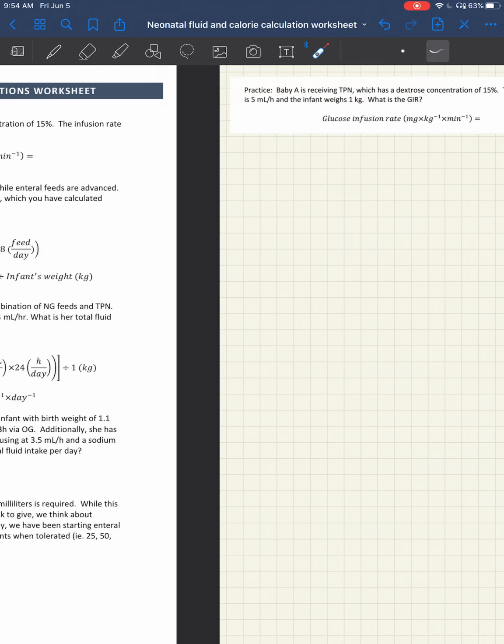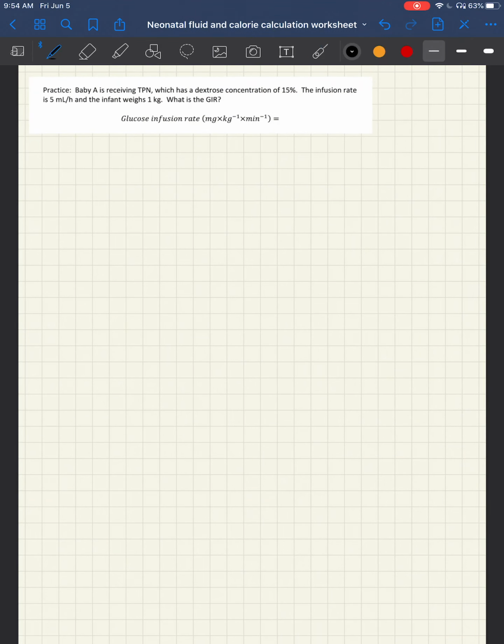Let's work on a practice problem. Baby A is receiving TPN, which has a dextrose concentration of 15%. The infusion rate is 5 milliliters per hour and the infant's weight is 1 kilogram. What is the GIR?